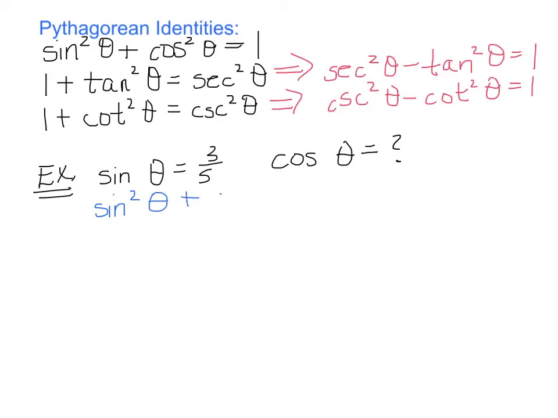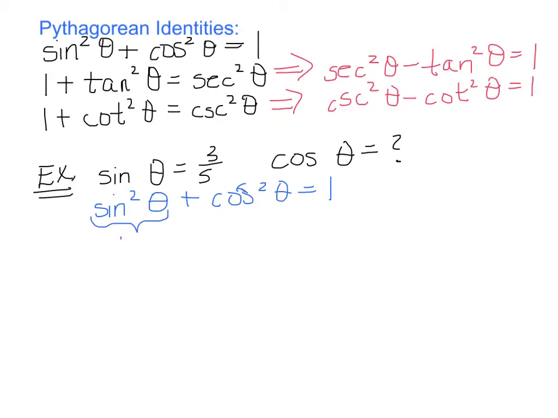So what you're going to do is plug in the information. I'm just rewriting the formula so you can see which formula I'm using. And they're giving us that sine theta is 3/5. But notice that this says sine squared.